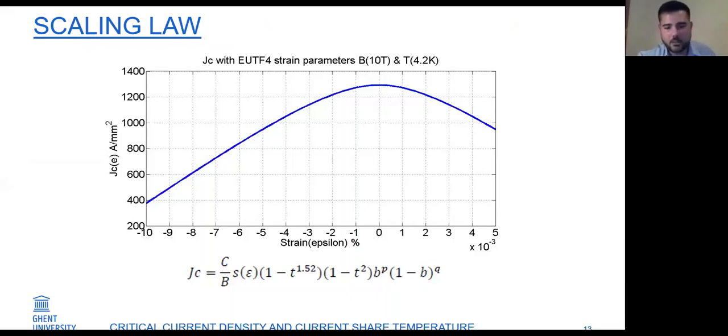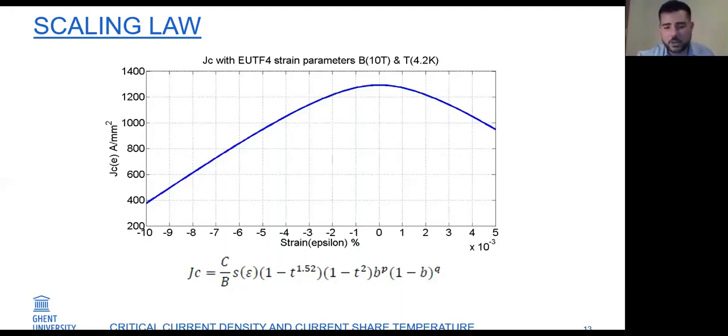I mean, for very small variation of the strain, you lose practically half or almost half of the limit of the current density. And the point is that this one part, the minimized or normalized temperature and magnetic field, depends on the temperature of the superconductor and on the external magnetic field.